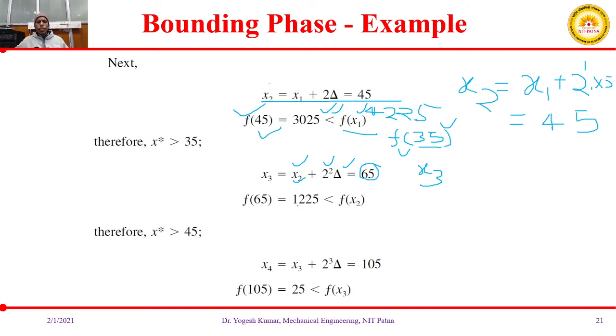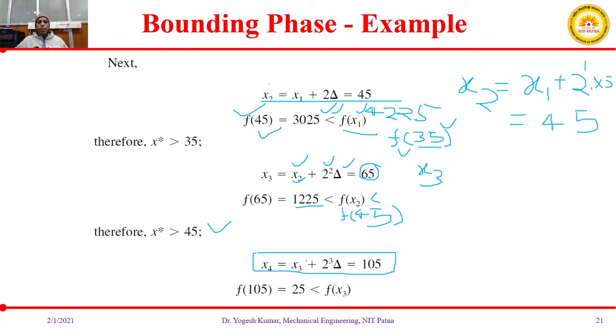Again we can see f(65) is coming 1225, and x2 was 45. So this condition is again satisfied. Your f(65) is less than f(45), so we can say the optimum value will be greater than 45. So we will repeat the same iteration.